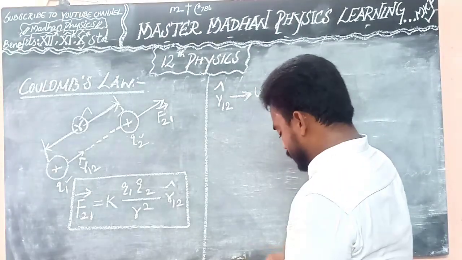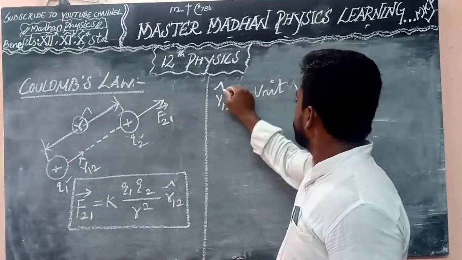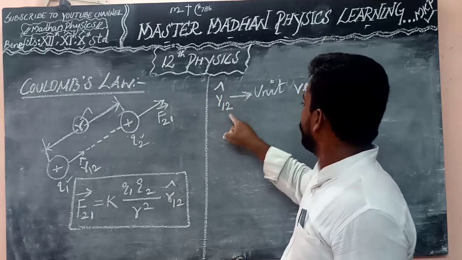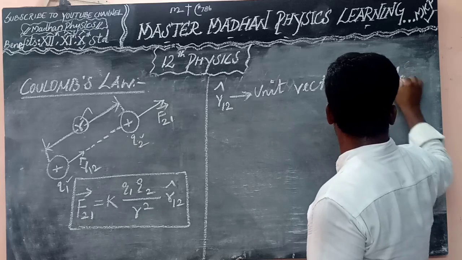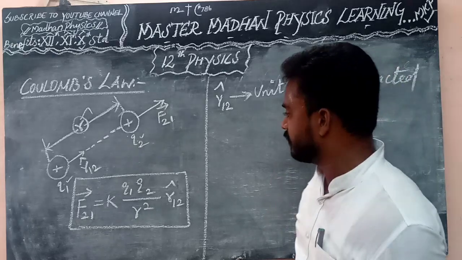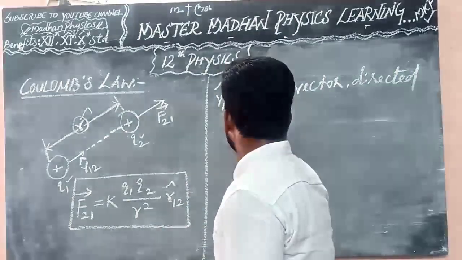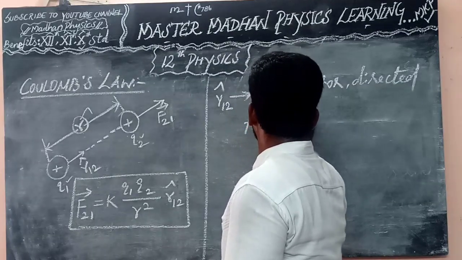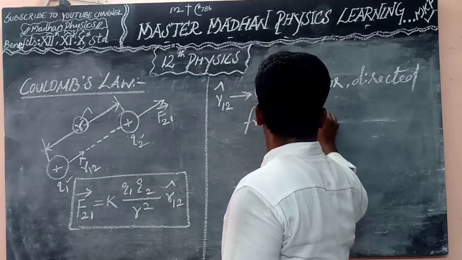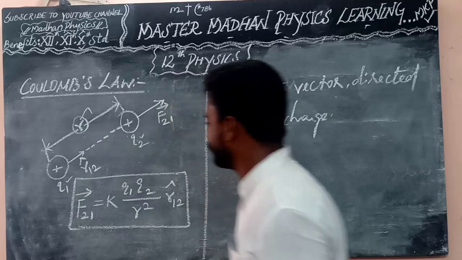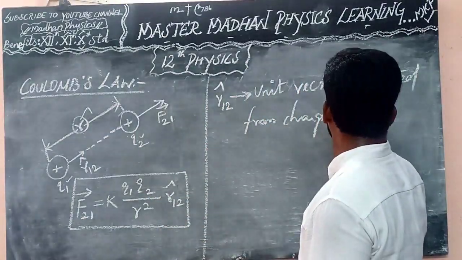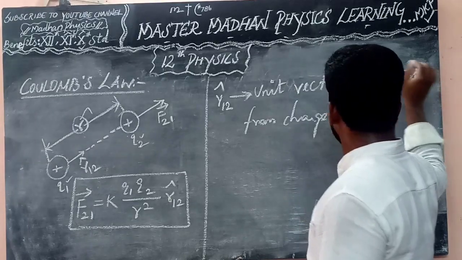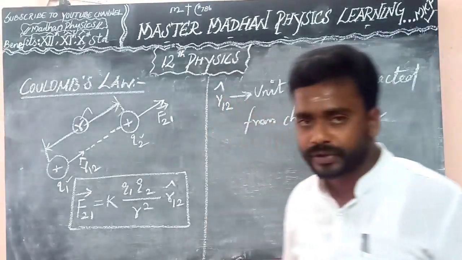So students, R cap 1 2 is a unit vector directed from charge Q1 to Q2.